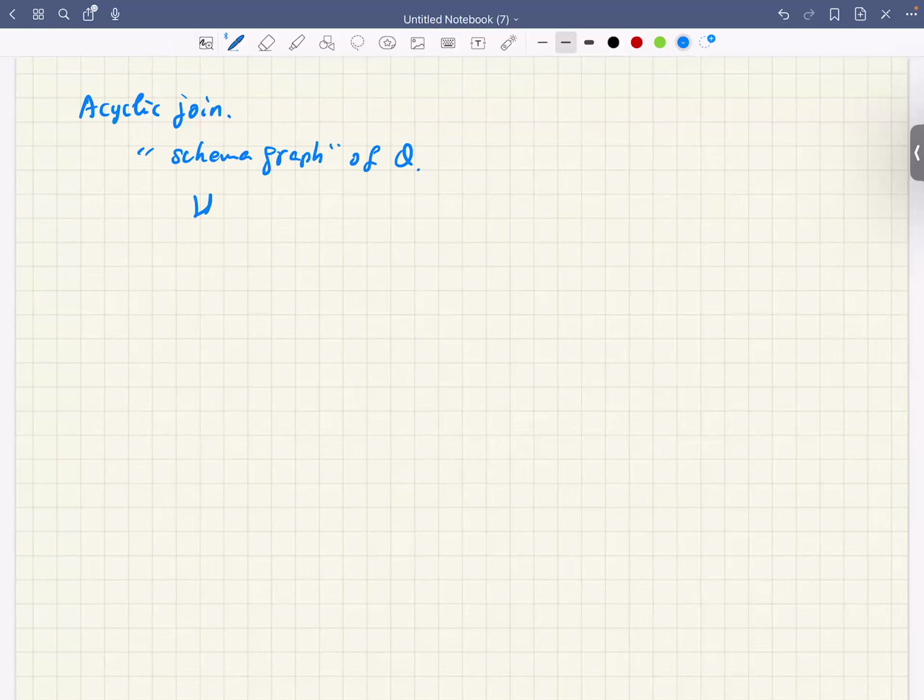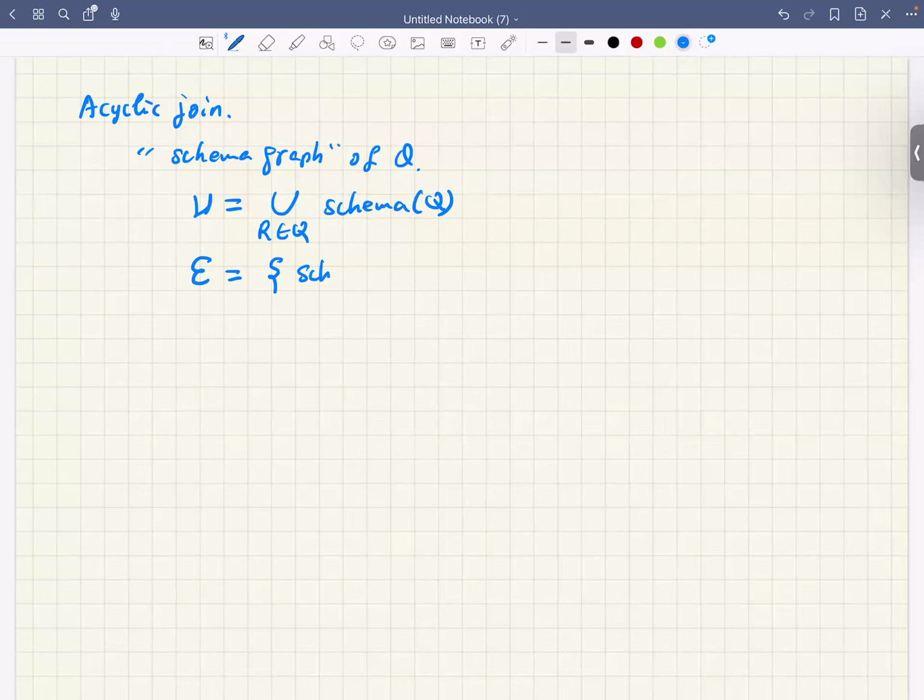Let me first define the set of attributes again, the set of attributes in the output relation of this join. This is what I wrote before, so this should make sense to you, correct? Now I'm going to define a set of hyperedges.